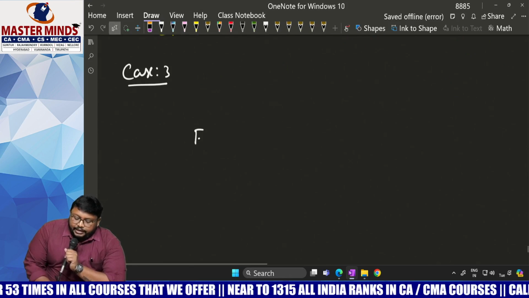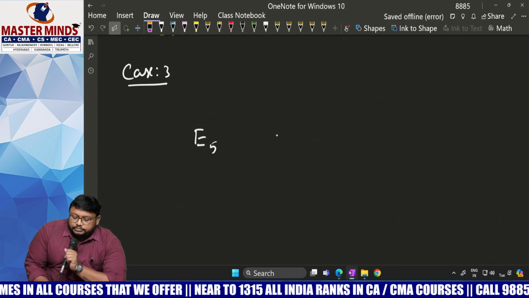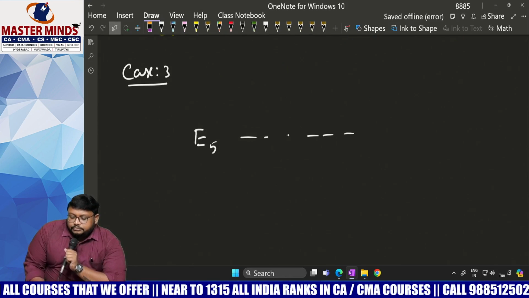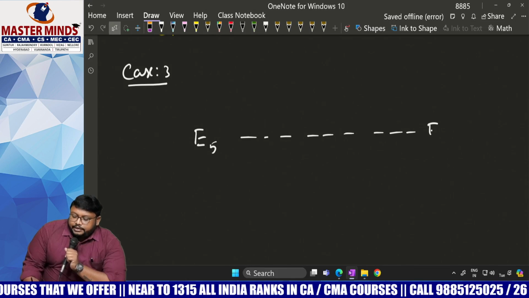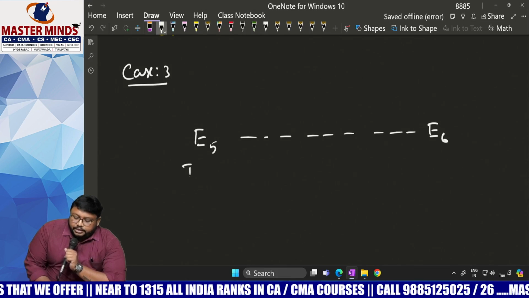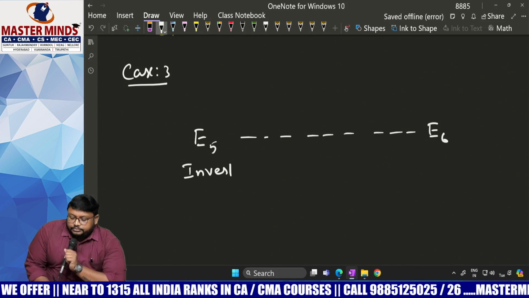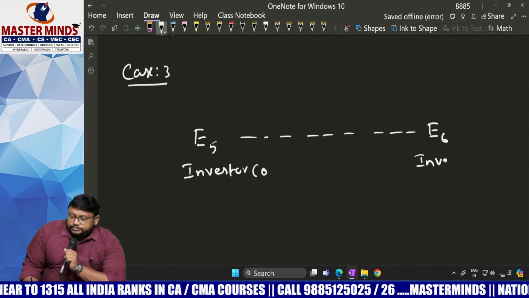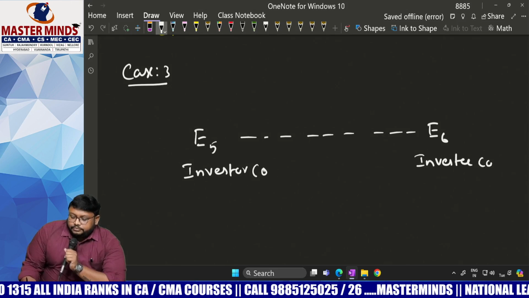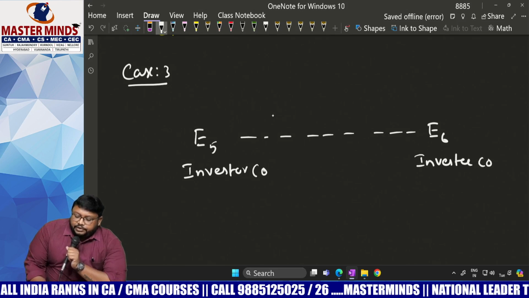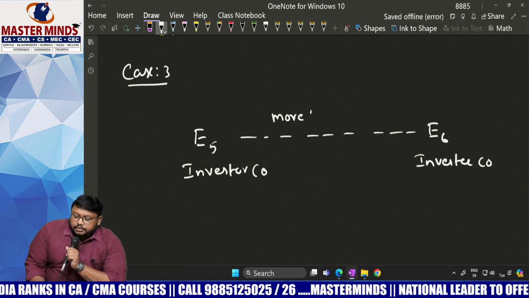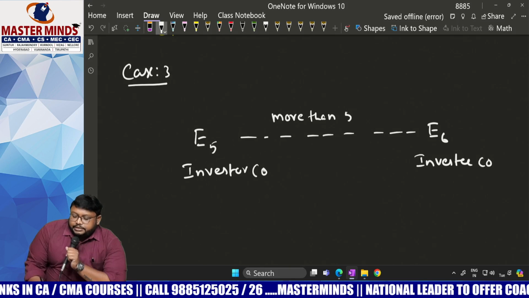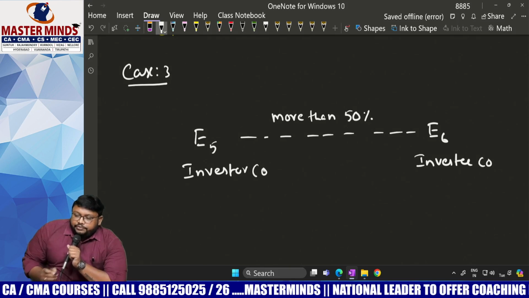Now, entity E5 invested in entity E6. So here it is the investor company and the investee company. Now the size of investment is more than 50 percentage.